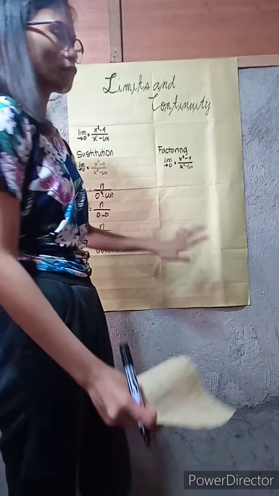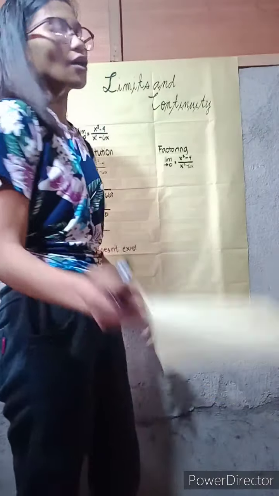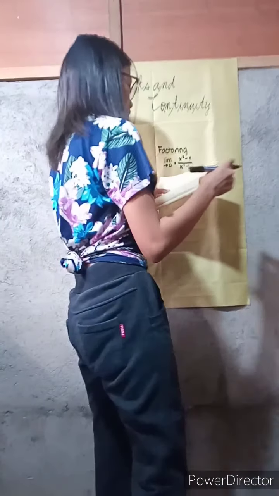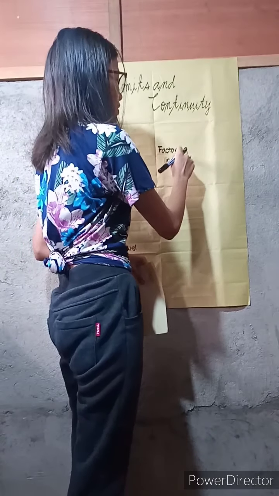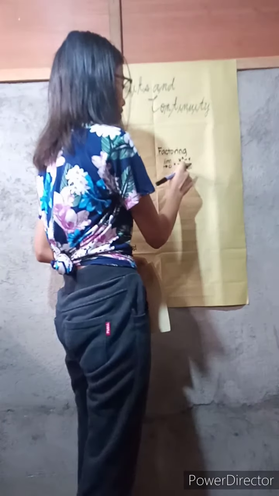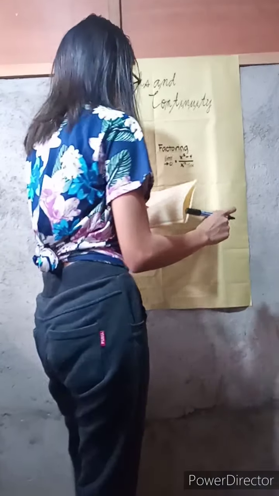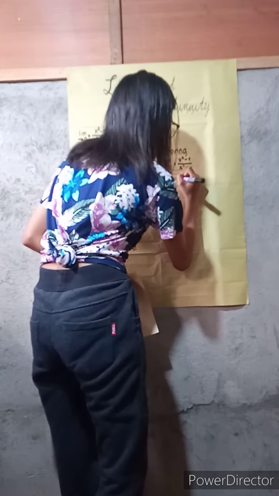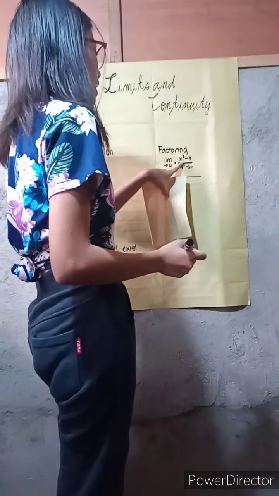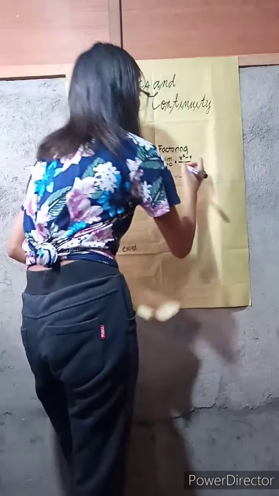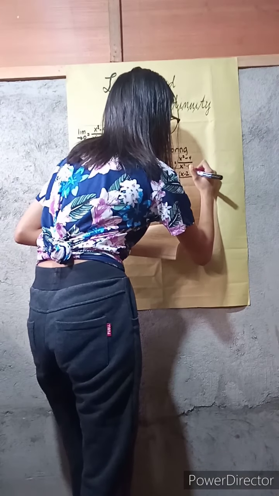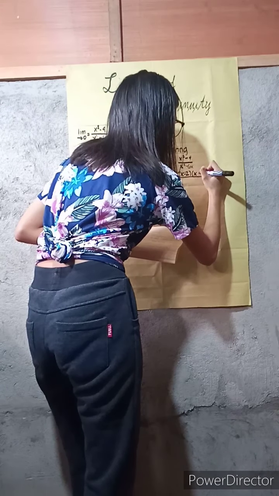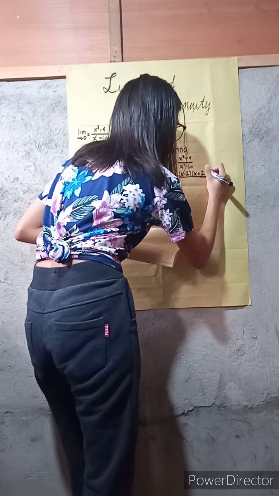So, we have to use the factoring method for us to find out whether our limit exists. So, the limit as x approaches 0 of x squared minus 4 over x cubed minus 6x equals, the factor of x squared minus 4 is x minus 2 times x plus 2.